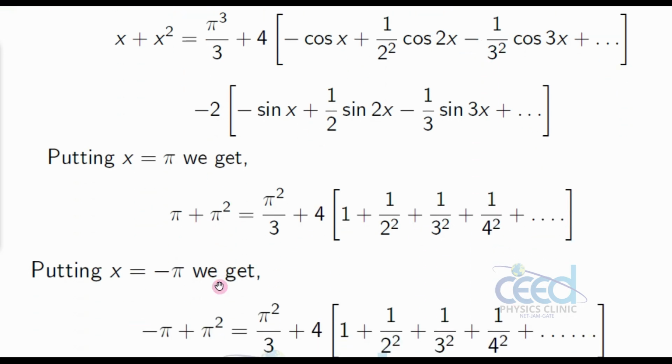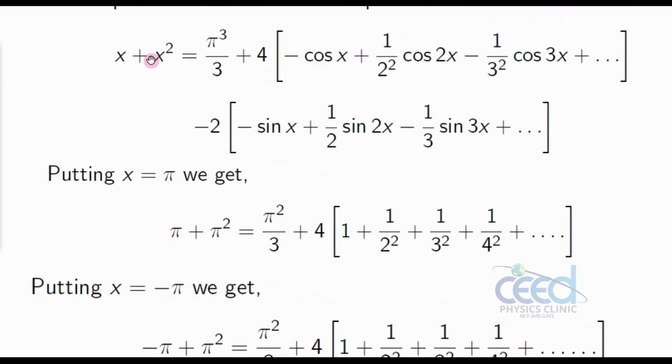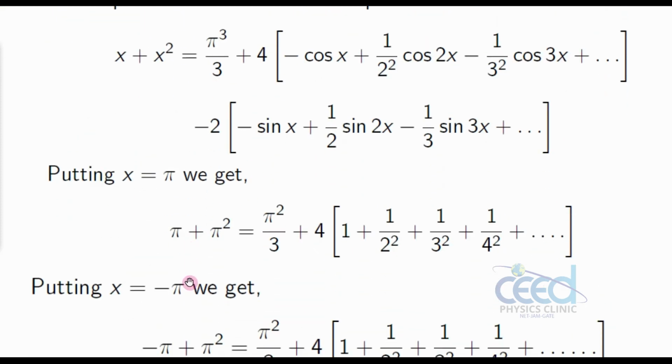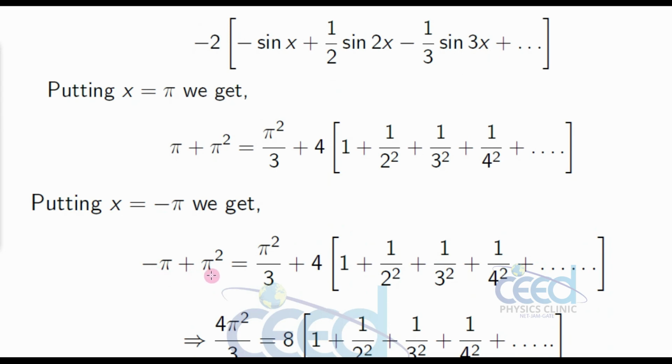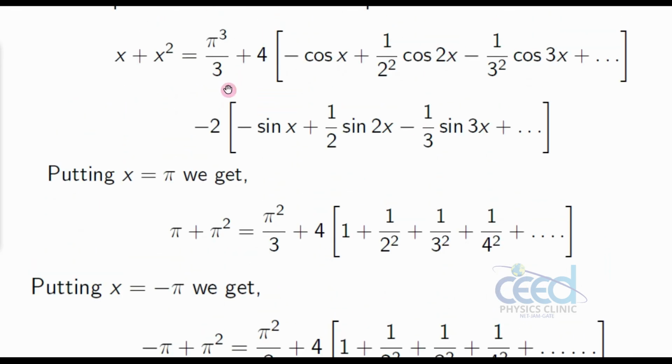Now if I replace x with -π, then x becomes -π, and (-π)² becomes π². So here I can write -π + π² = π²/3 plus, and when I give -π, this whole sine part will be 0, as in the previous case, since sin nπ is 0.